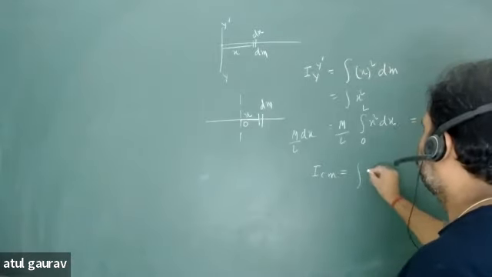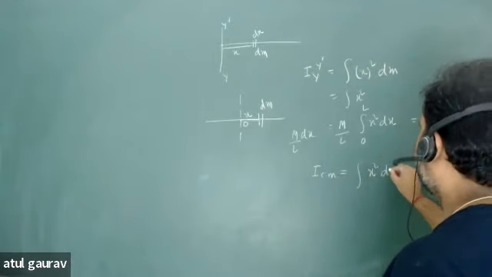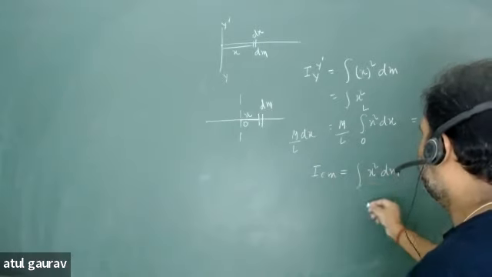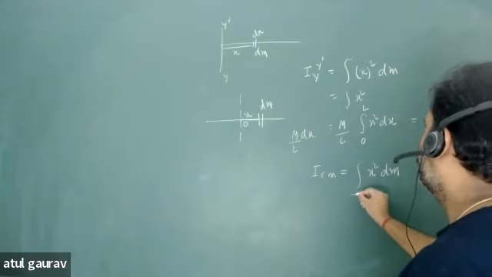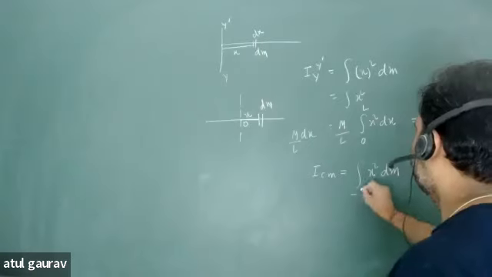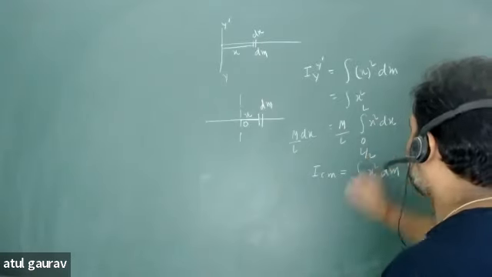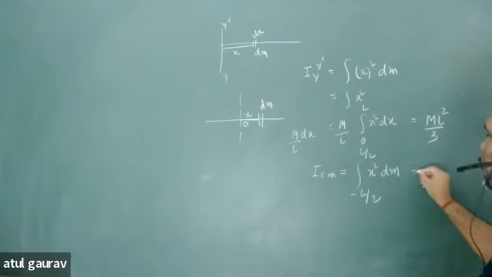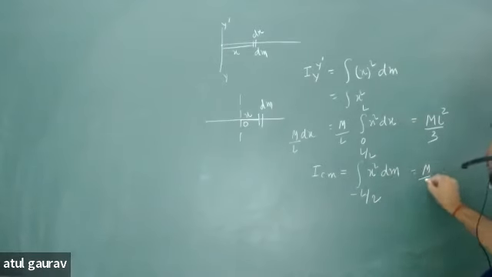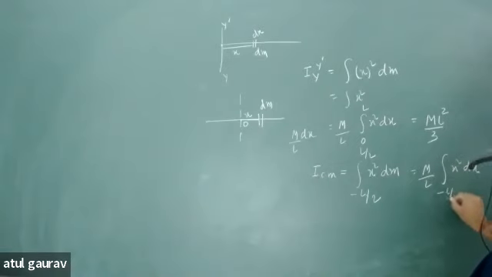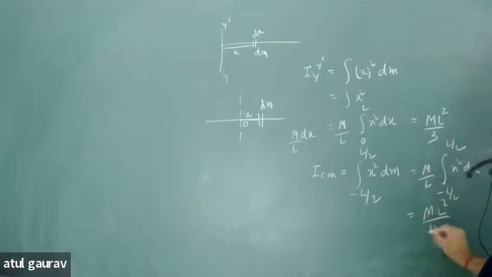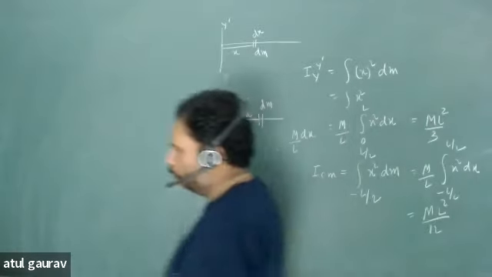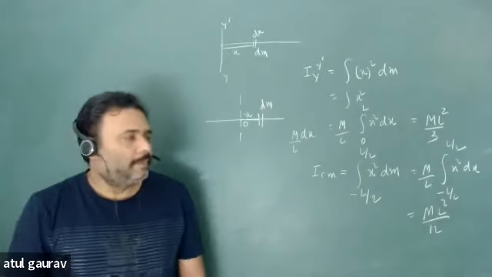So we have to go for x square dm, and we integrate from minus L by 2 to plus L by 2. Dm will be again m by L, so you have x square dx from minus L by 2 to plus L by 2, and you will get ml square by 12. Yes? So you will get ml square by 12.